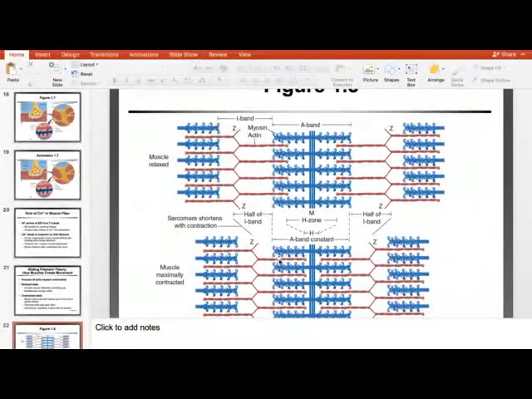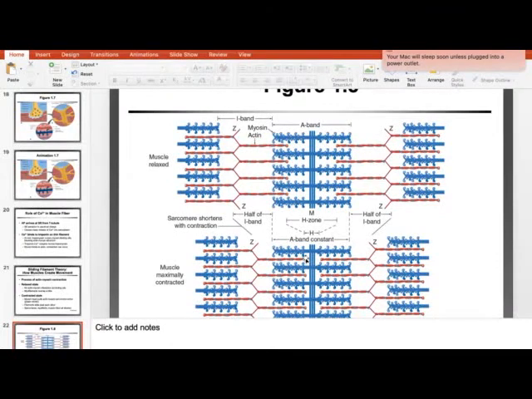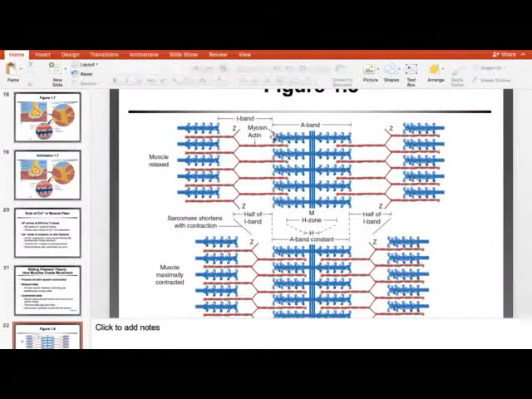That's going to result in a more forceful contraction. When the muscle is extended too far, only a few of these myosin heads can even interact with the actin filament, so you're not going to be able to make such a forceful contraction. So a forceful contraction has something to do with the number of myosin heads that can interact with the actin filament.